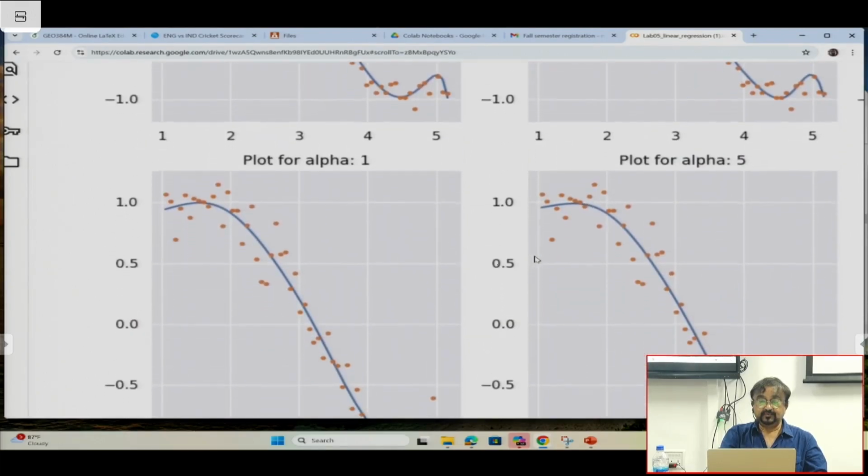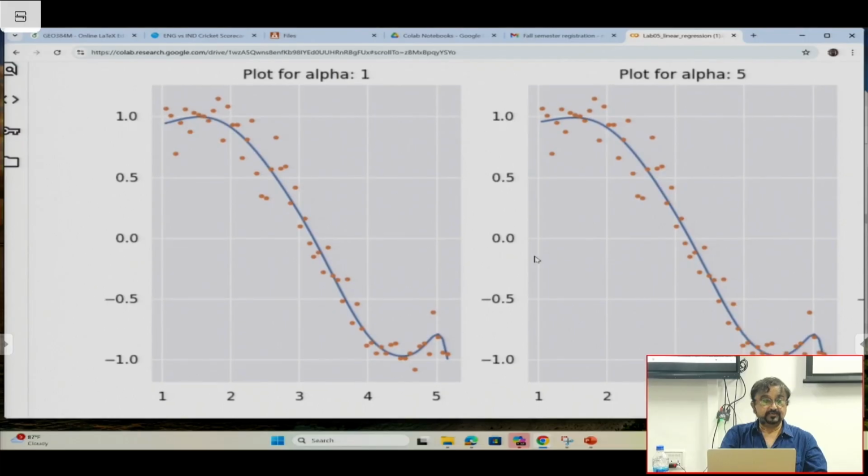This is alpha equals 1 and alpha equals 5 and so on. So big change, right? By choosing alpha and a high order polynomial, we are sort of getting the effect of a low order polynomial, but not quite the same, right? That is number one observation.